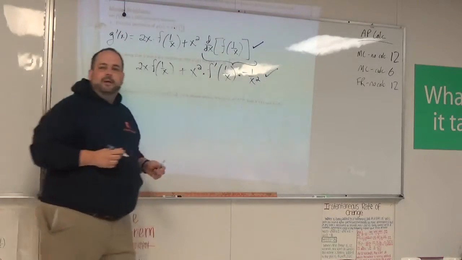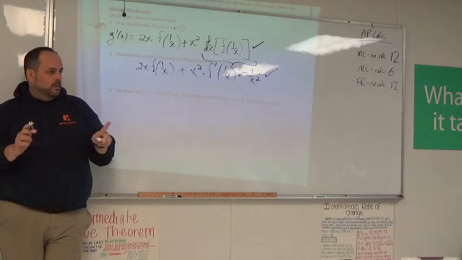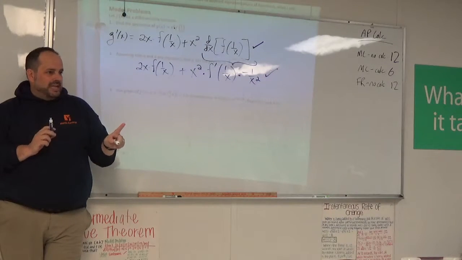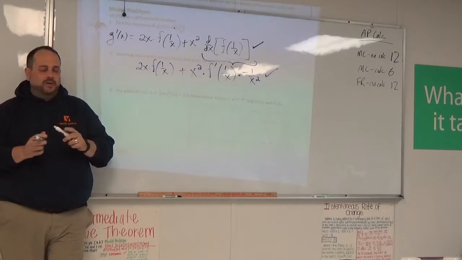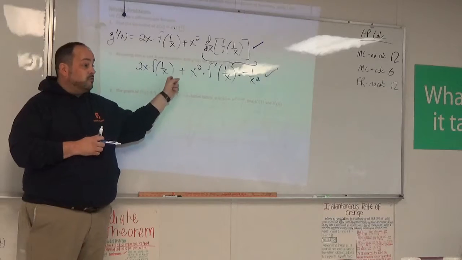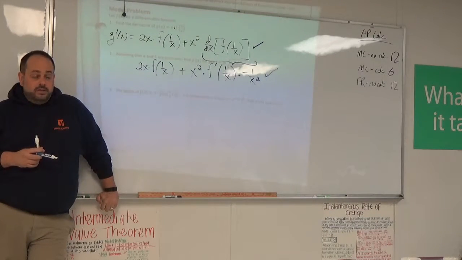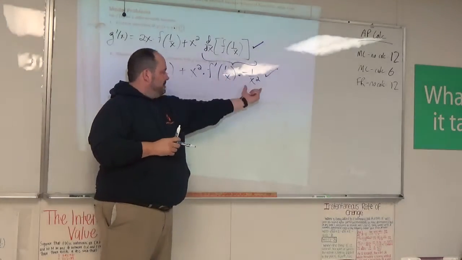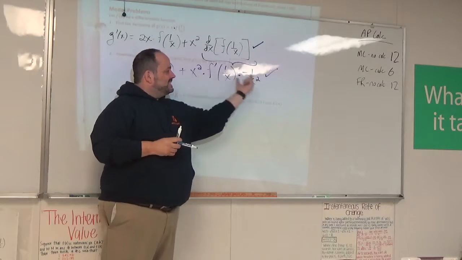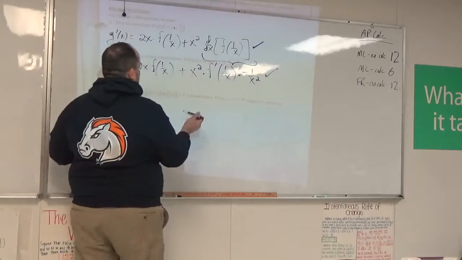However, if we're talking about multiple choice, there is a way that I'm going to hide it from you. I'm always going to push the tricky algebra. How am I going to hide this answer from you on the multiple choice? You'll have done it right, and then there's some algebra trickery. When you multiply the x squared times the negative 1 over x squared, you guys know what that is.